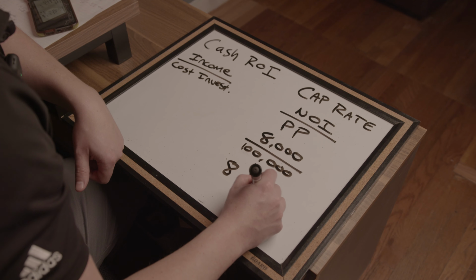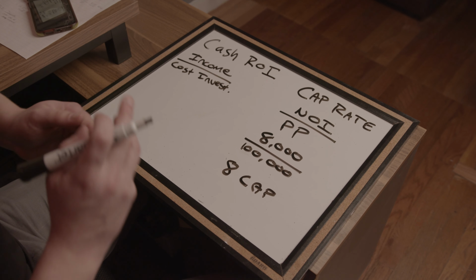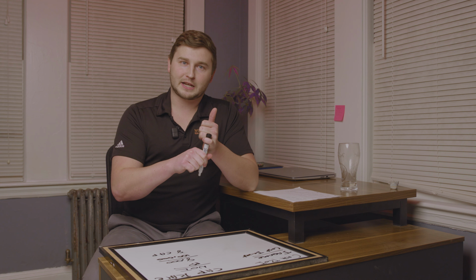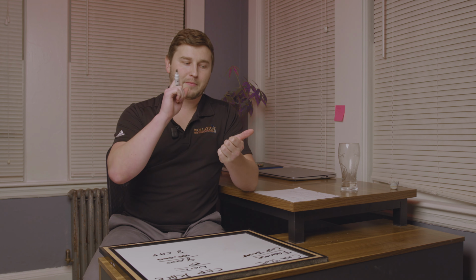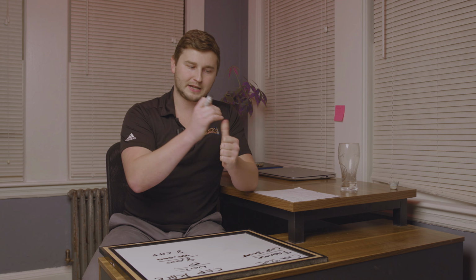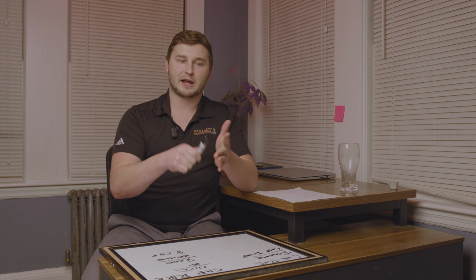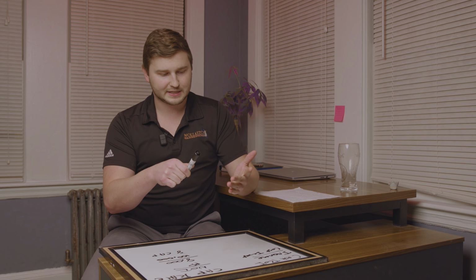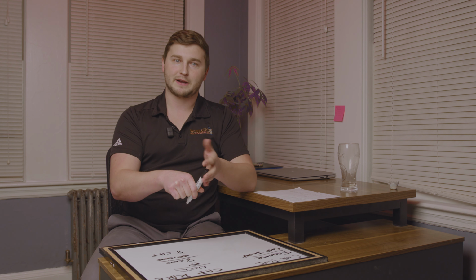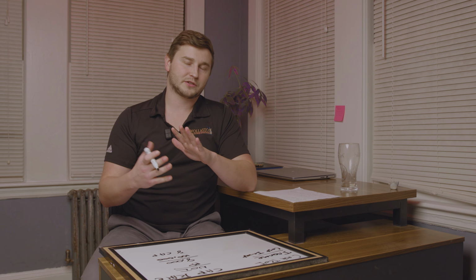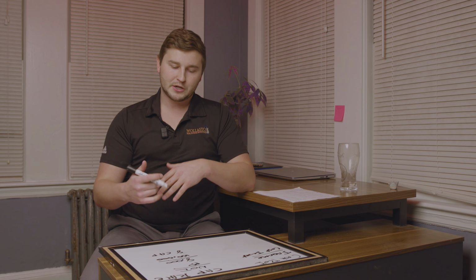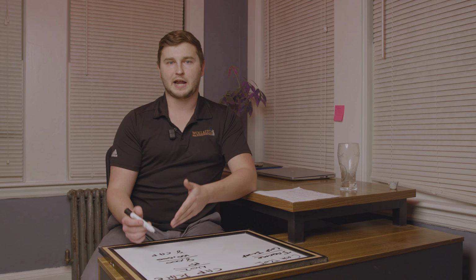Something that's important to remember when analyzing cap rates is that the net operating income is generated by getting your revenue created, that's parking, rent, laundry, stuff like that, minus vacancies, loss to lease or physical vacancies, minus your expenses. You do not include debt service, mortgage payments, because those are subjective to the borrower. So an NOI of $8,000, a purchase price of $100,000, you've got an 8 cap.